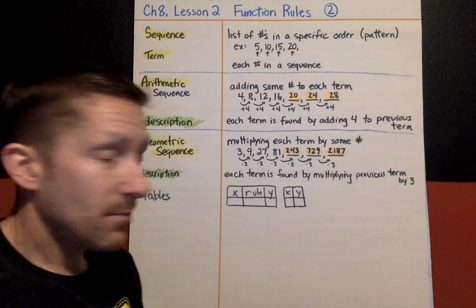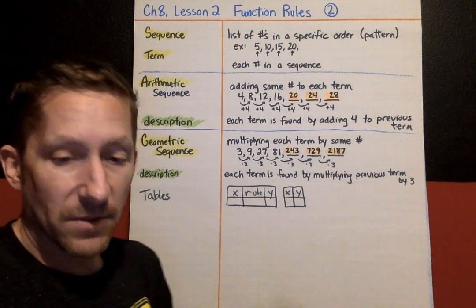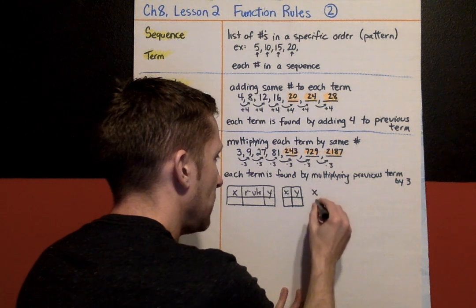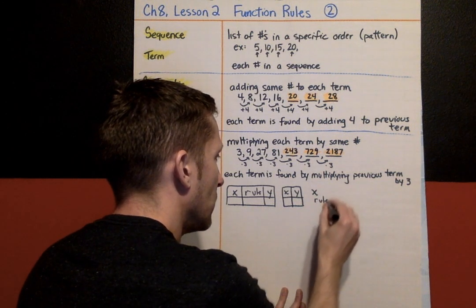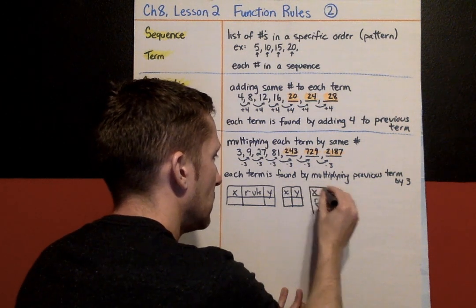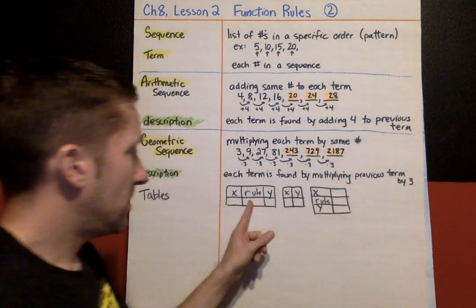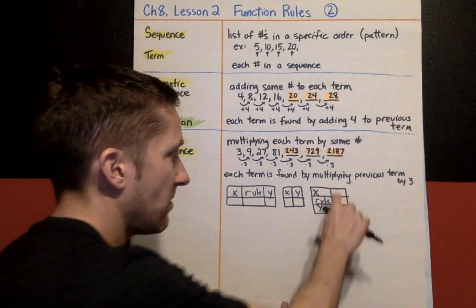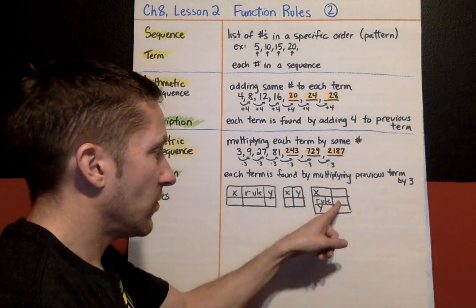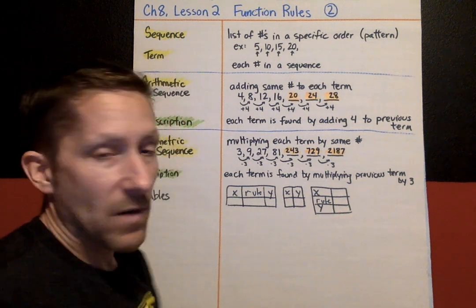Also, you might see tables written in rows. These are columns where the values would go down. Tables can also be in rows. So that would look like this. You might have x values, and then you could say the rule, and then you'd have the y values. So it's just like this, but it's turned into rows, and your values would go this way. Instead of going down, they would go across. And the rule here would be your x value. What's the rule that gets you to the y value?